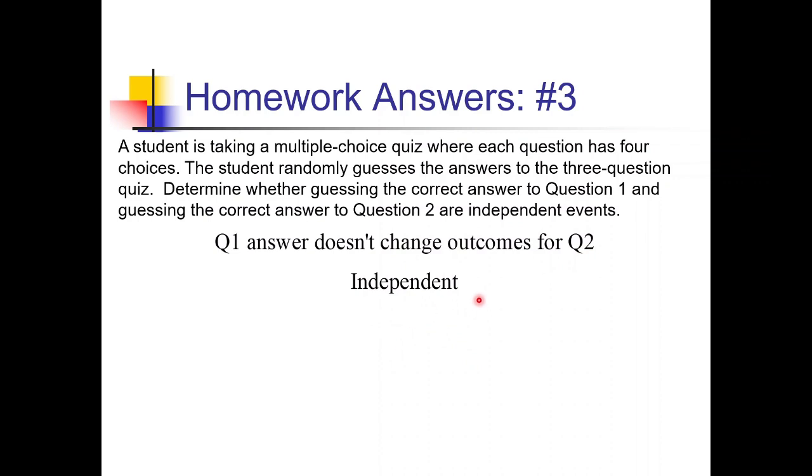And this is going to be true whether it's a multiple choice or a true-false. Now, if this were a quiz where it was a matching and you only got to choose each match once, that would affect possible outcomes for later questions.